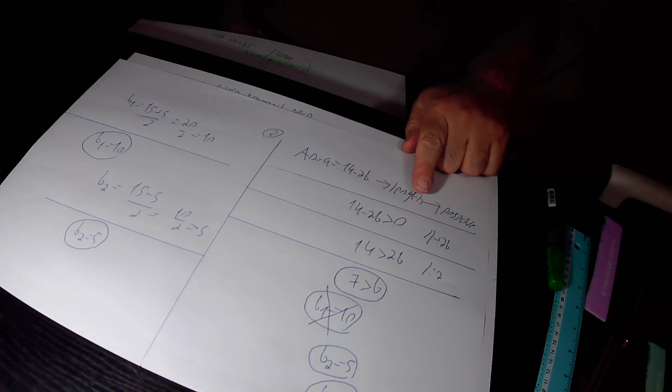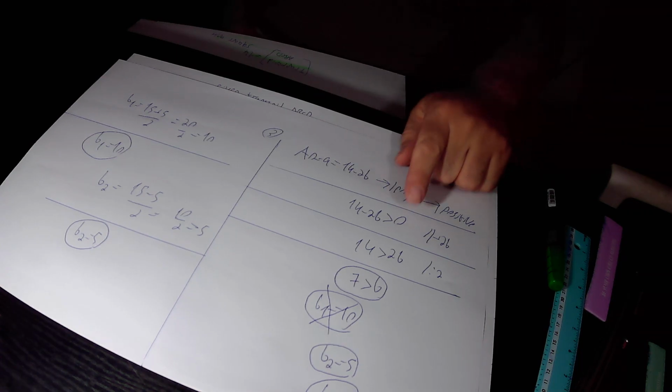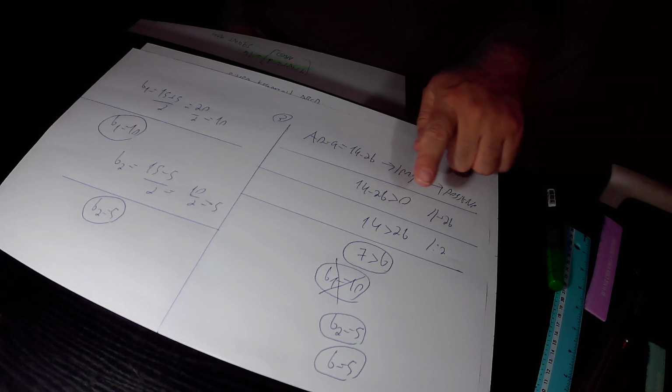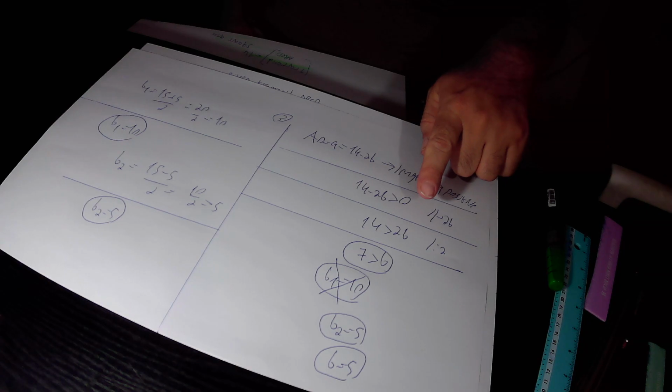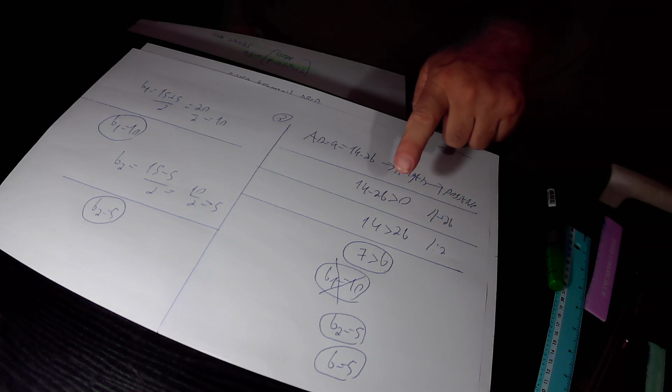We added 2b to this inequality and finally found out that 14 is greater than 2b. So here we divided this inequality by 2 and finally found out that 14 over 2 is 7 and 2b over 2 is b. So in total we found out that b is less than 7.